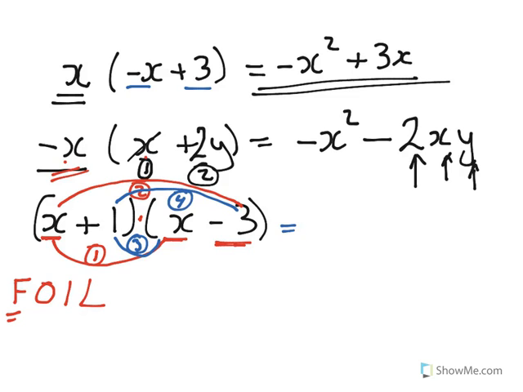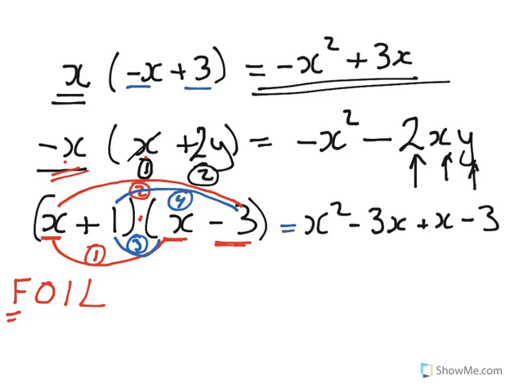So first two, x times x, giving us x squared. The outside two, I've multiplied the x by the x, so now I multiply the x by minus 3, giving me minus 3x. The inside two, 1 times x, plus 1 times x, giving me plus x. And my last two, plus 1 times minus 3, giving me minus 3 as my answer.